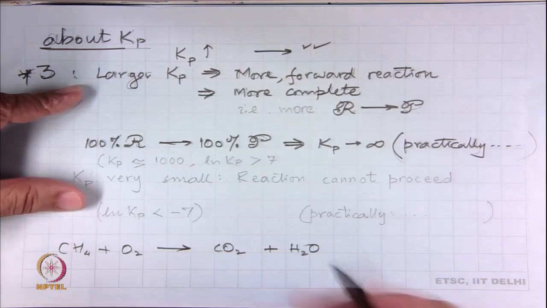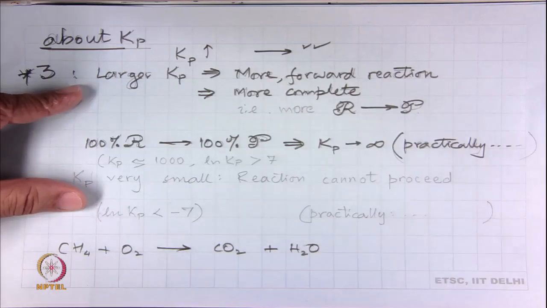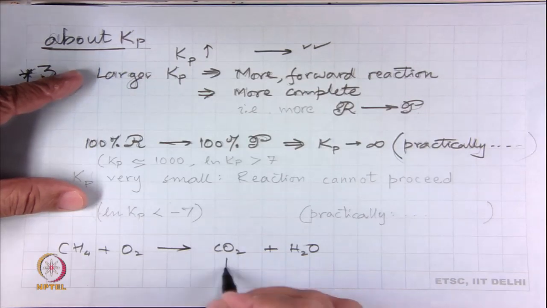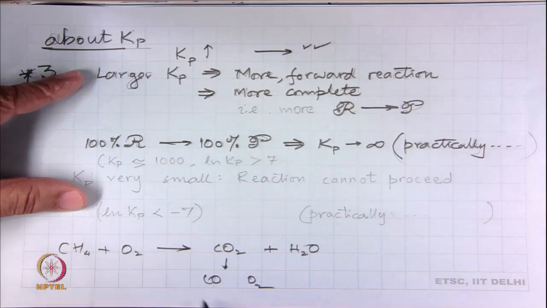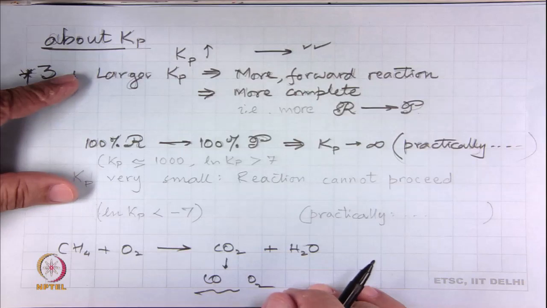In practical situations, earlier we would say that yes, this is what happens. When we are worried about emissions, we have to worry about the fact that some of this could get decomposed and form CO and O2, and so the exhaust or the emissions would include carbon monoxide.